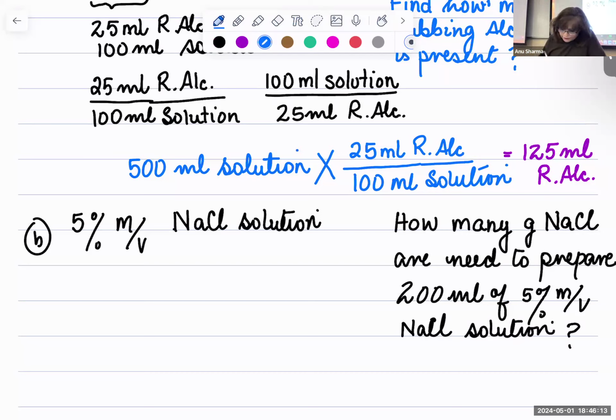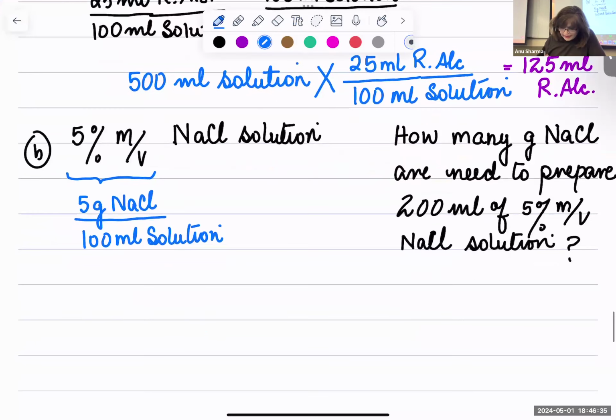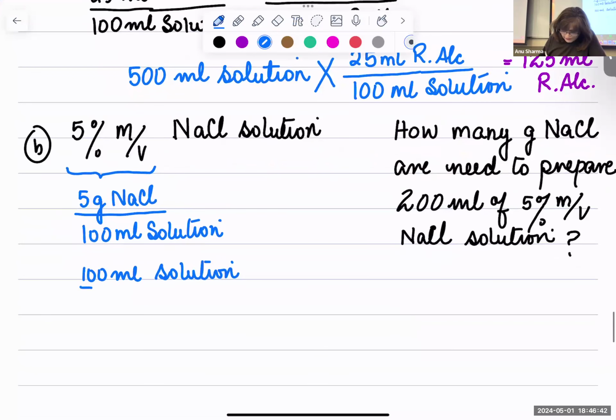Got it? So first of all, same story. 5% mass by volume would mean what? 5 grams of NaCl is present in 100 milliliters of solution. That is the volume. Right? And the other conversion factor is 100 milliliters of the solution over 5 grams of NaCl.